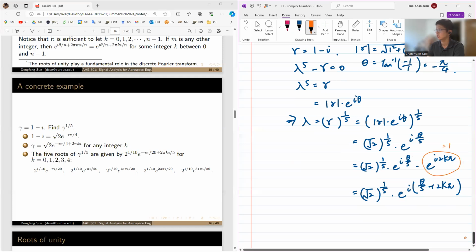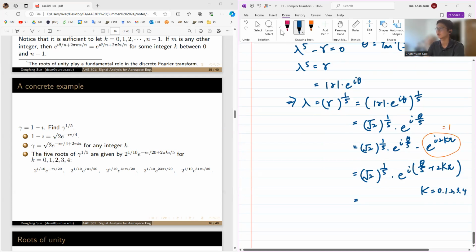So it does not change the result. But now with this new expression, we can find all the roots to this polynomial equation. All the roots can be found by letting k be 0 or 1 or 2 or 3 or 4.